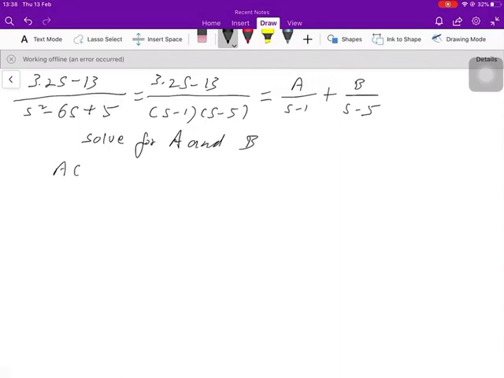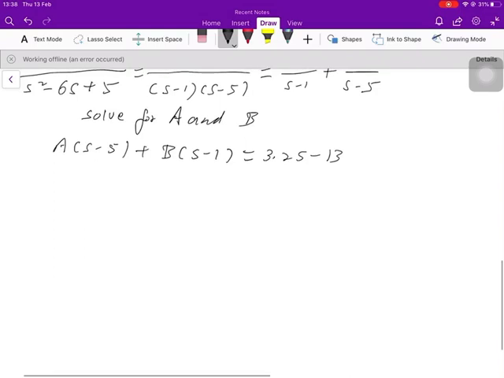That means A times s minus 5 plus B times s minus 1 must be equal to the numerator, 3.2s minus 13.